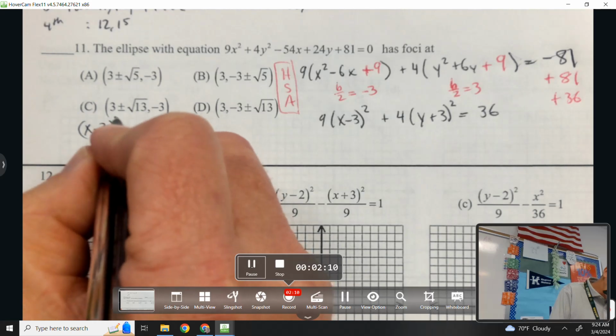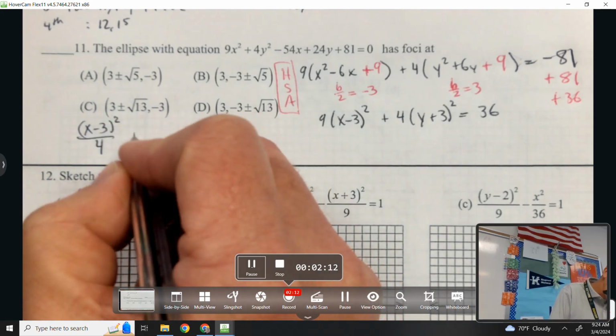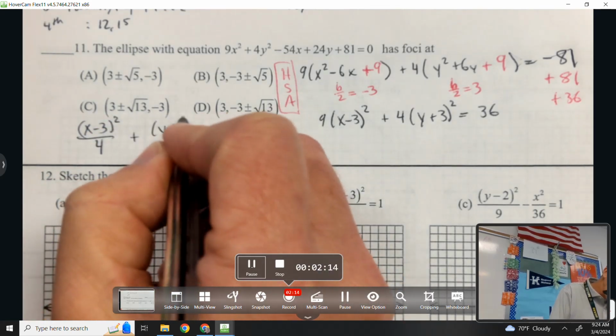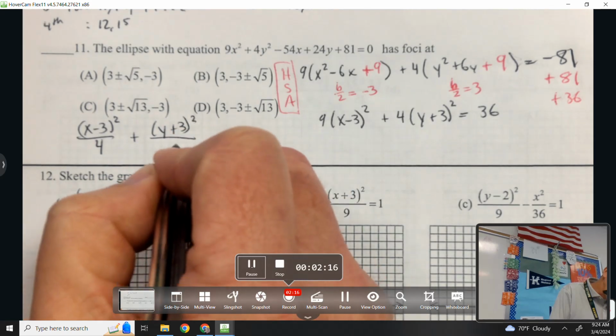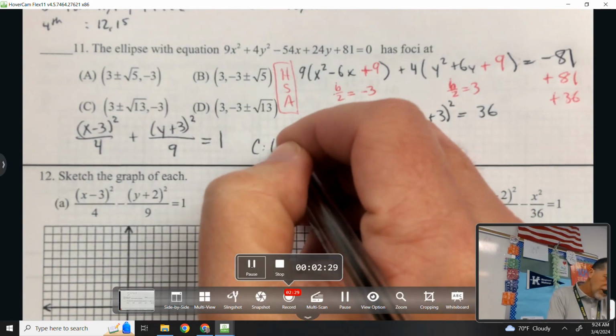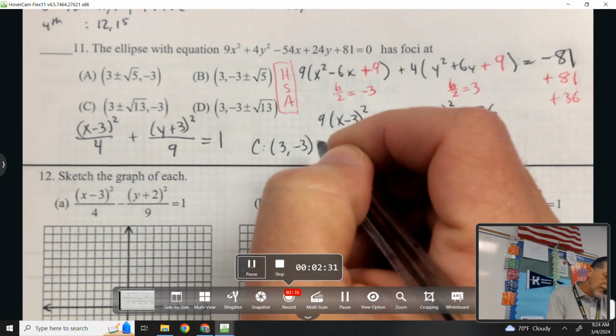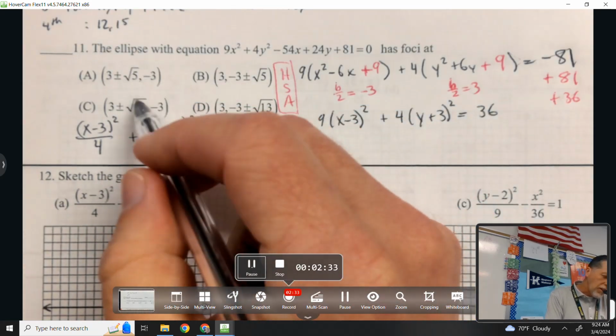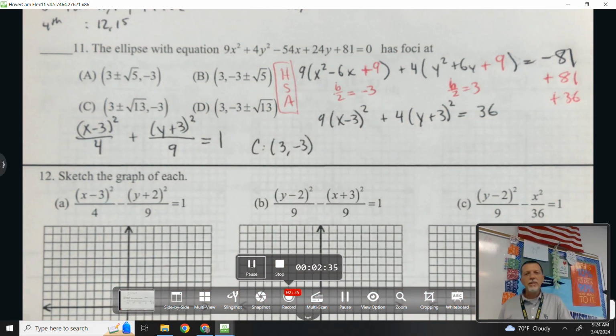So x minus 3 squared over 4 plus y plus 3 squared over 9 equals 1. All that to get the equation. Now I've got to find the foci, but the foci are measured from the center. So the center is 3, negative 3. They all indicate the center being 3, negative 3.